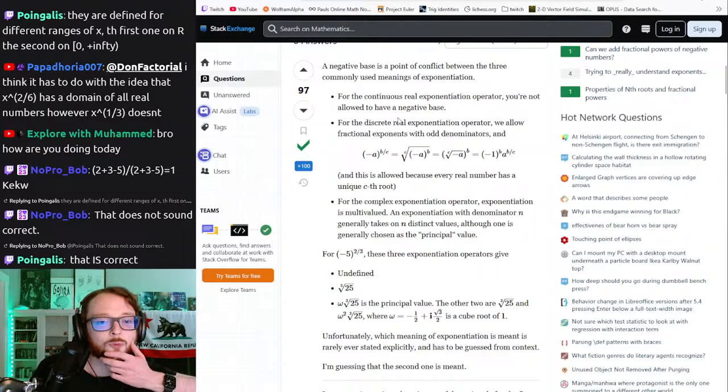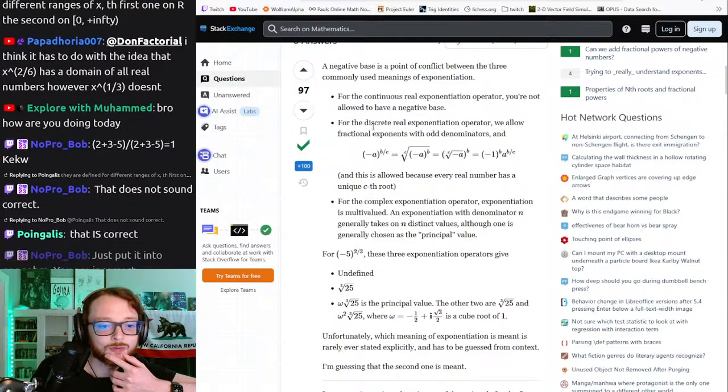A negative base is a point of conflict between the three commonly used meanings of exponentiation. For the continuous real exponentiation operator, you're not allowed to have a negative base. For the discrete, oh my god, I didn't realize there are 3 different definitions.